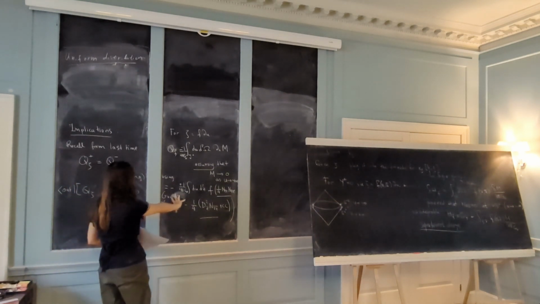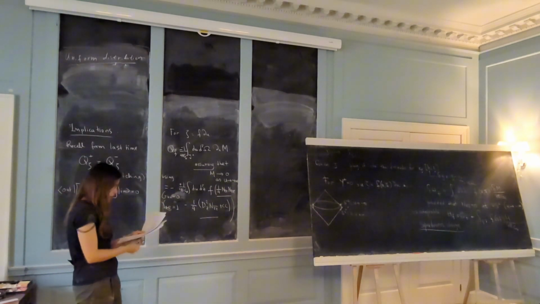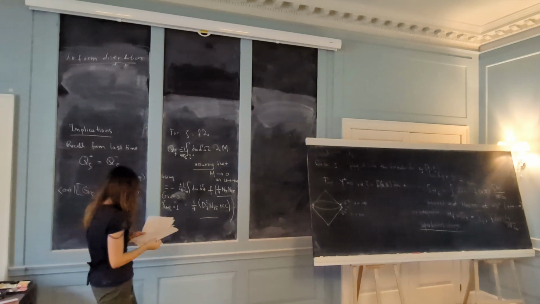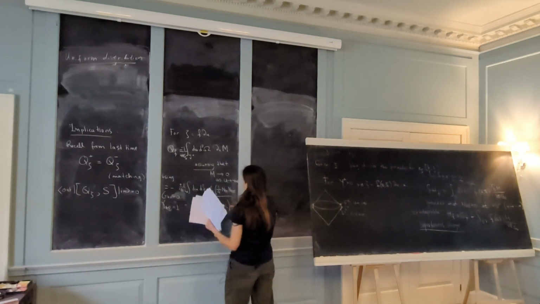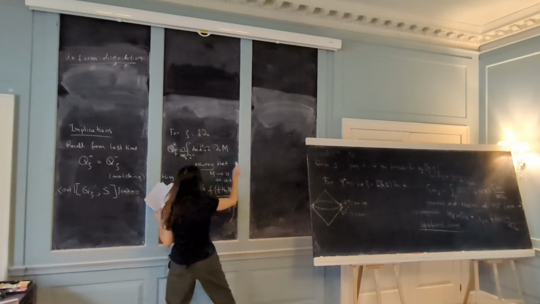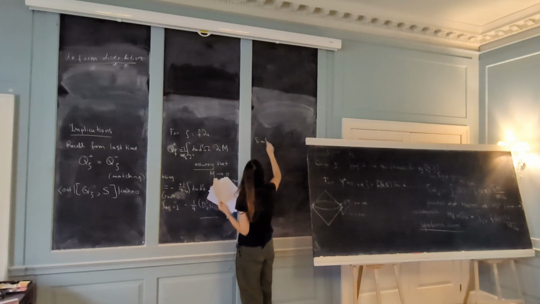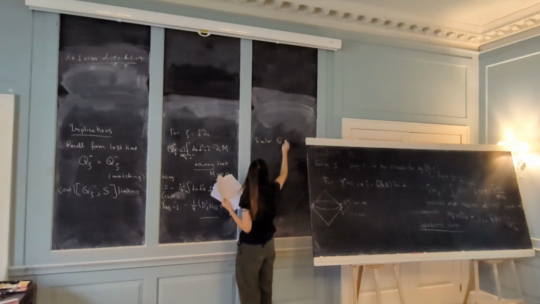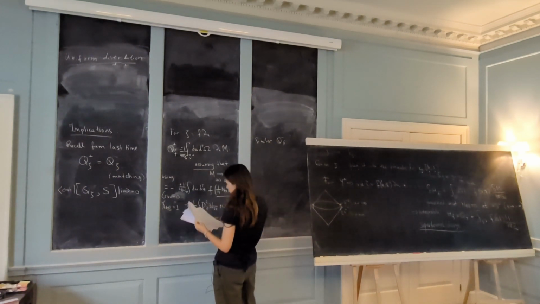Hence the conservation of these charges will be seen to be exactly the same as Weinberg's soft graviton theorem. So this was Q flat, and there's a similar formula for Q minus at F, taking into account this matching condition.